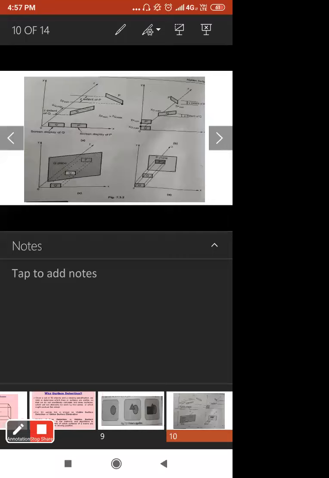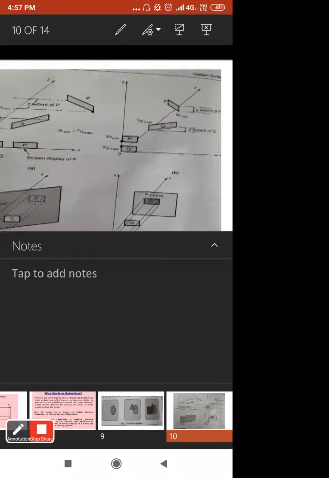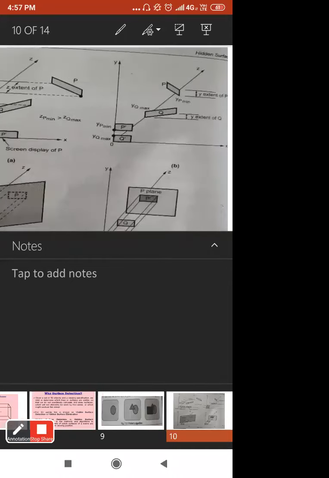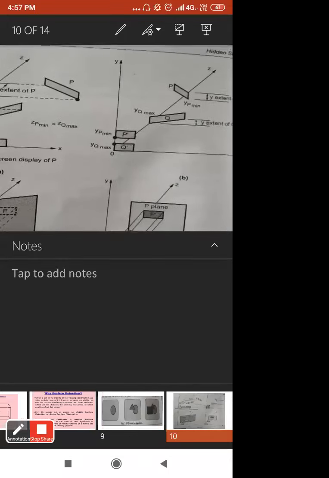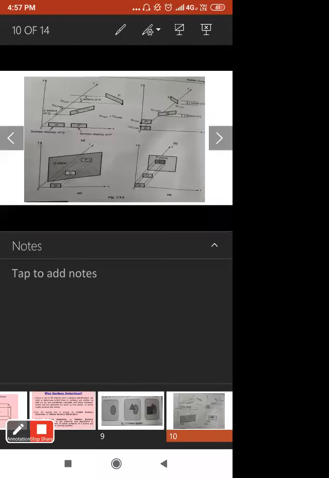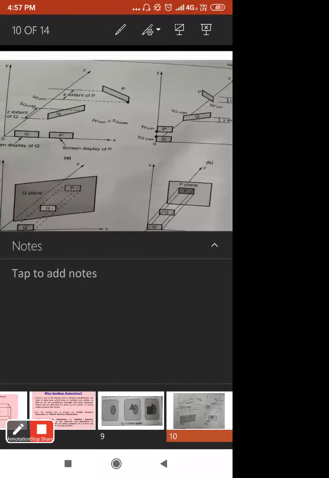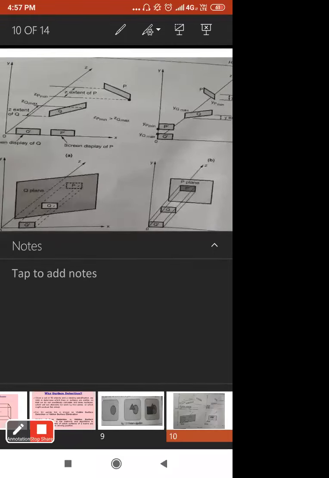Z extents means whether they are overlapping each other on the Z axis, whether their Z coordinates are intersecting each other. We find out whether they are overlapping in Z extents or not.